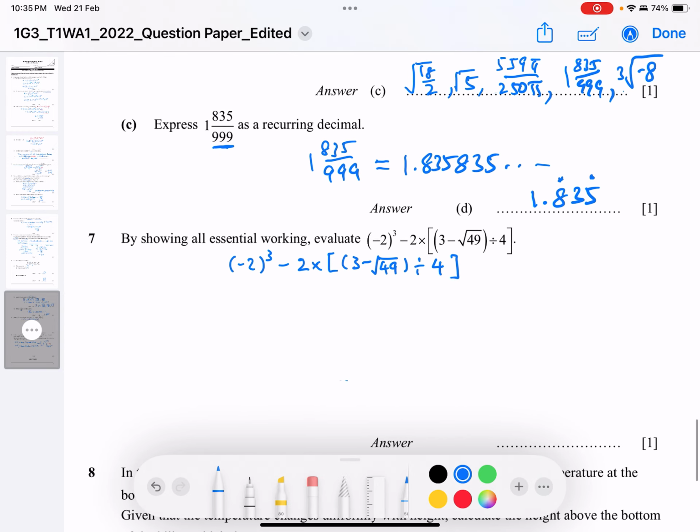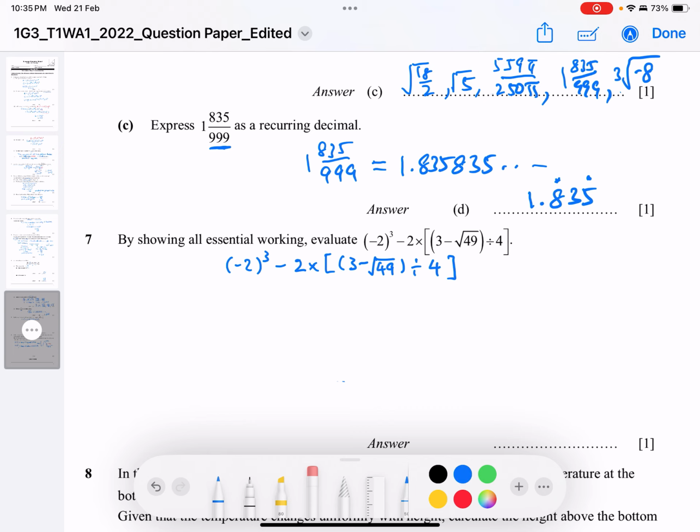In number 7, we need to manipulate with negative numbers, and we need to do the cube and also the square root first. Right, the cube and the square root must be done first. So cube of negative 2 is negative 8, and since the answer is negative, we enclose in brackets. So now coming to the root of 49 is 7. Right, next we need to do the innermost brackets first.